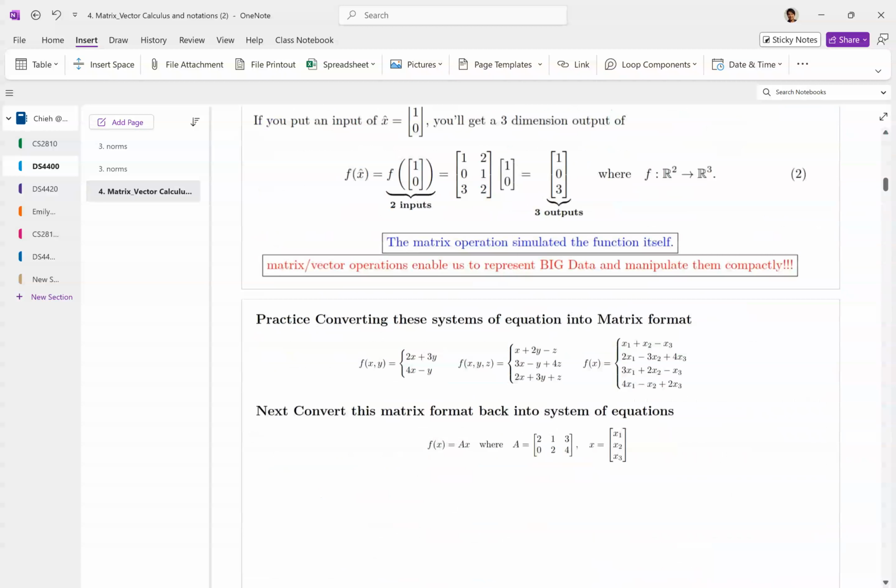When we want to take df dx, what do we do? What do we do when x is a vector? Well, the answer is the same as before. There are two inputs, remember? So the derivative must have a derivative with respect to x1 and a derivative with respect to x2.